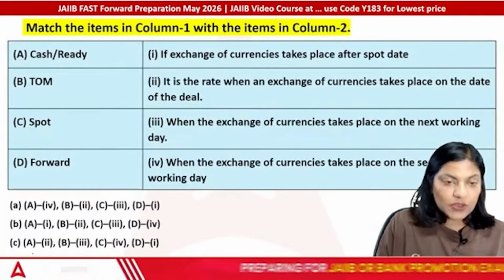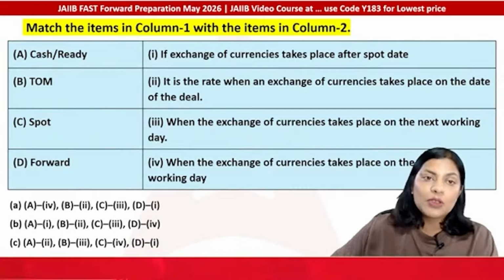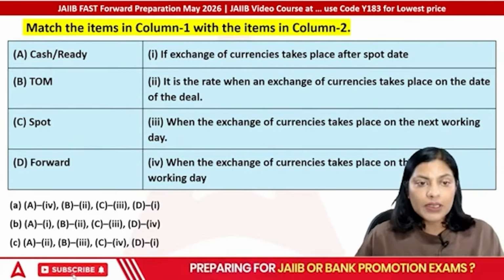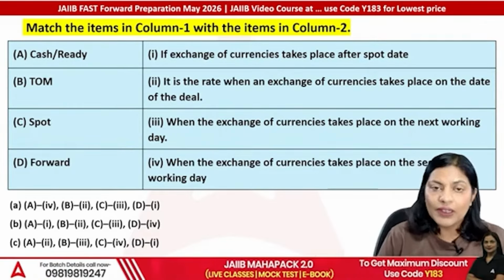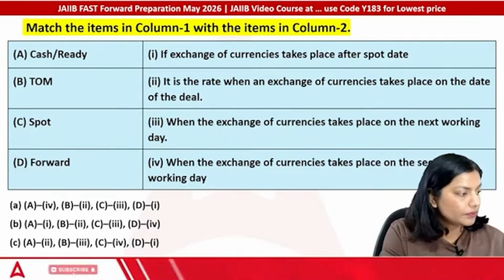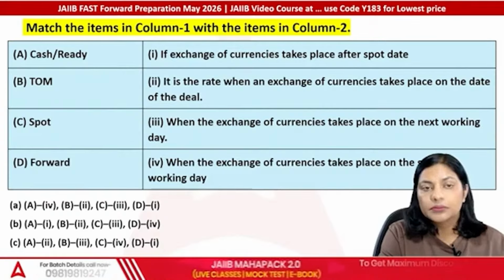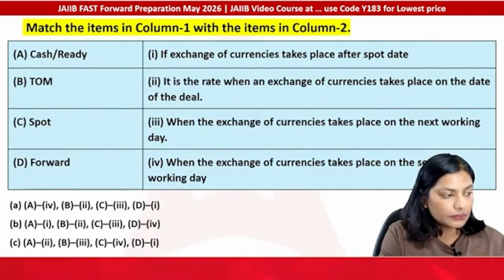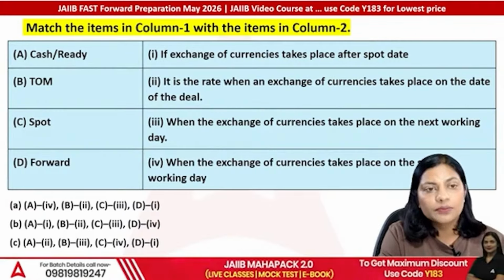Now, the last question. Match the item in column 1 with the item in column 2. Cash, ready, term, spot, forward. You have to match column 1 with column 2.